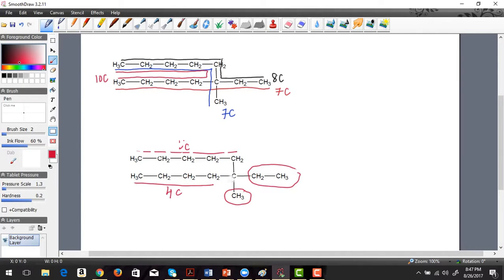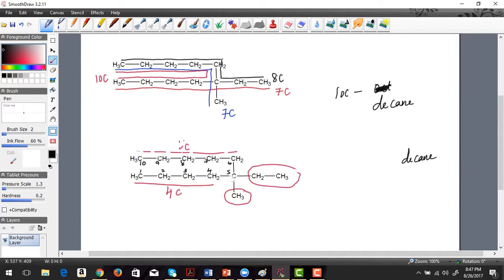So let me get my trusted black color pen. So 1, 2, 3, 4, 5, 6, 7, 8, 9 and 10, right? Now we know it's 10 carbons. 10 carbons is decane, right? So that's our last name for the compound.